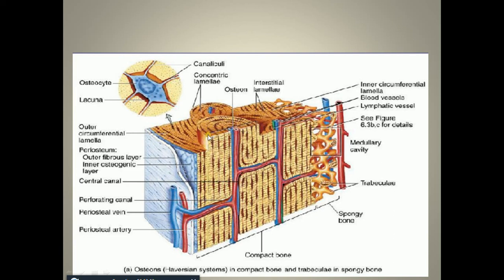So this is how the osteocytes of the peripheral layer will derive their nutrition from the Haversian canal. Haversian canal की जो blood vessels हैं उसमें से nutrition जो है इस तरह से pass होती है because all the osteocytes are connected to one another by their cytoplasmic processes present in the canaliculi.